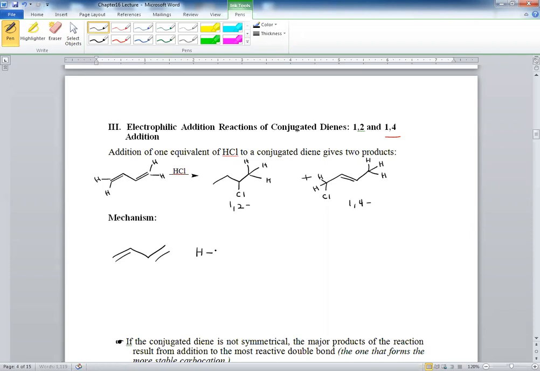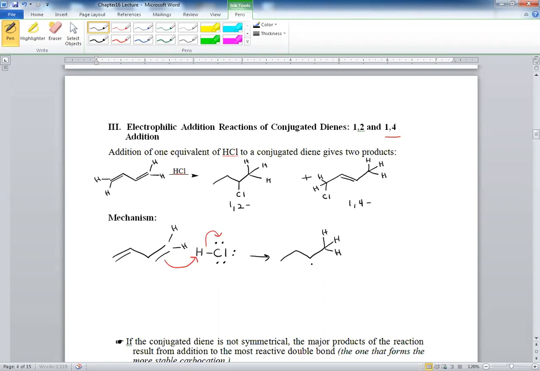So if I have HCl here, and I have the conjugated diene, the first step is the attack of the double bond at hydrogen, and that would result in the following. So we added the H. Here we added the H to the carbon that has more H's.